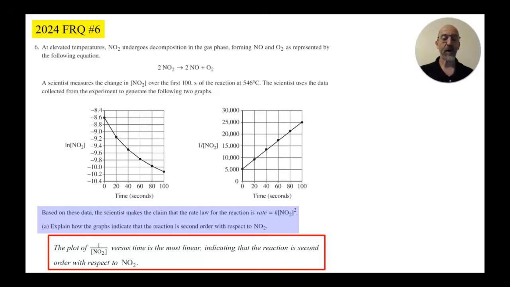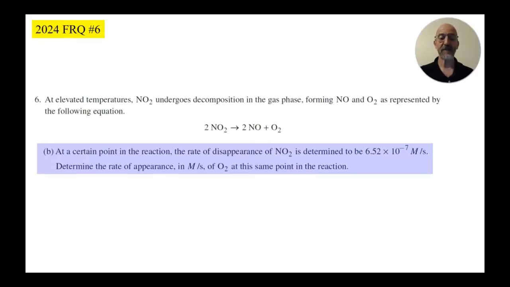All right, the next question on kinetics we're going to take a look at involves stoichiometry. We have a reaction in which 2 NO2 decompose to produce 2 NO plus O2. And it says, at a certain point in the reaction, the rate of disappearance of NO2 is determined to be 6.52 times 10 to the negative 7 molarity per second.